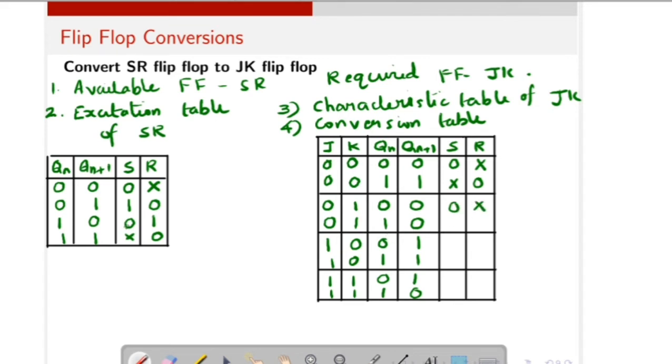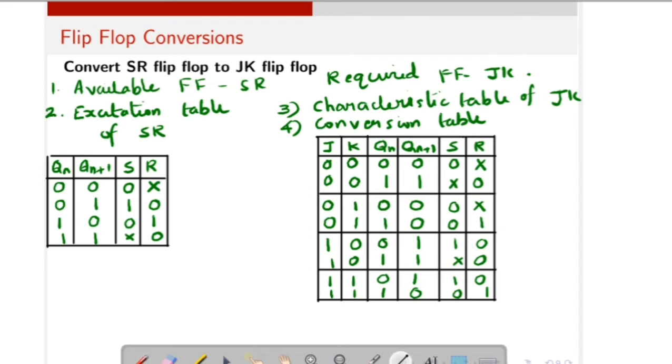Qn is equal to 1 and Qn plus 1 is equal to 0, then S is equal to 0 and R is equal to 1. Then Qn is equal to 0 and Qn plus 1 is equal to 1, then S and R is 1, 0. Here it is don't care, 0. When 0, 1 it is 1, 0. 1, 0 it is 0, 1. Right? So this is the conversion table.